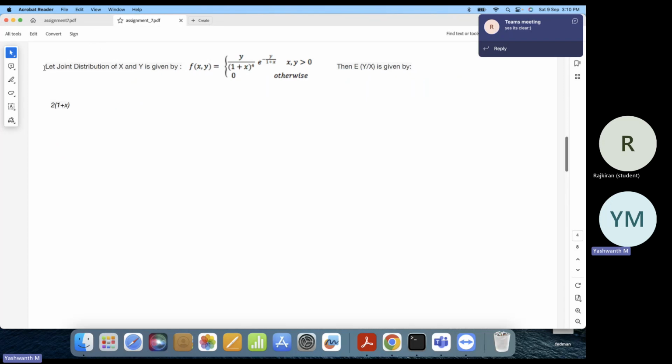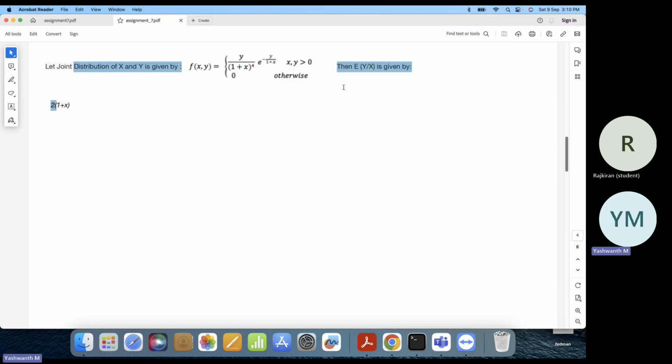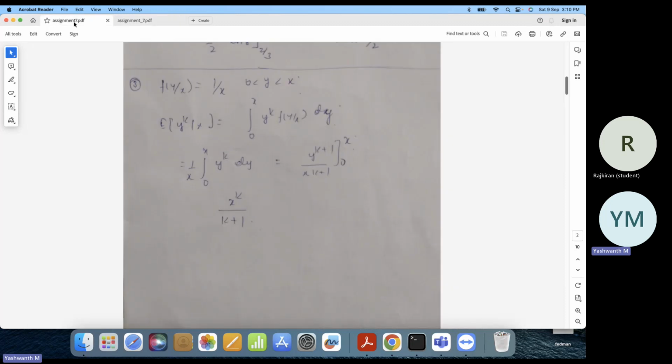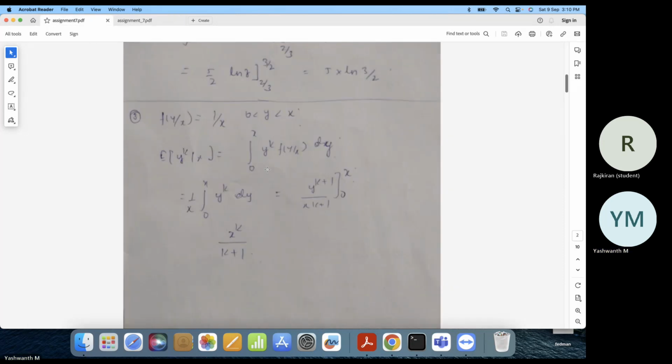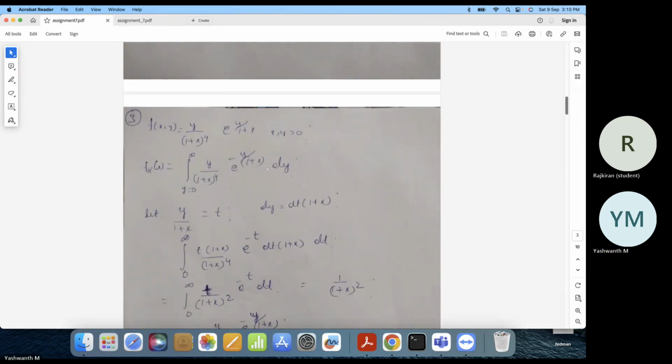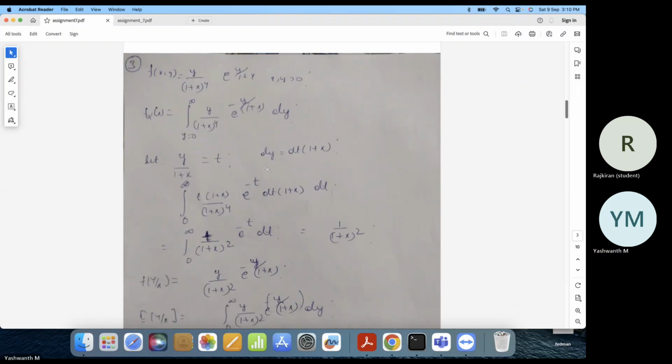So this is the question: the joint distribution of x and y, I mean, it should be density, right? It is given like this, and you want E of y given x. So we have f of x comma y, we want f_X of x.